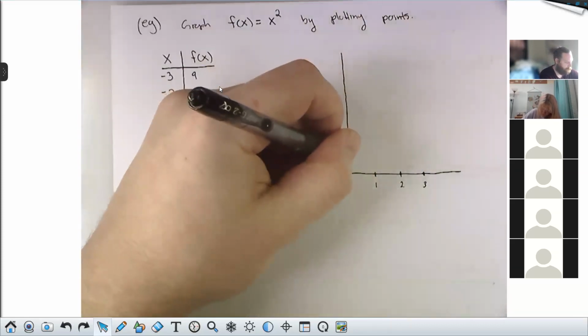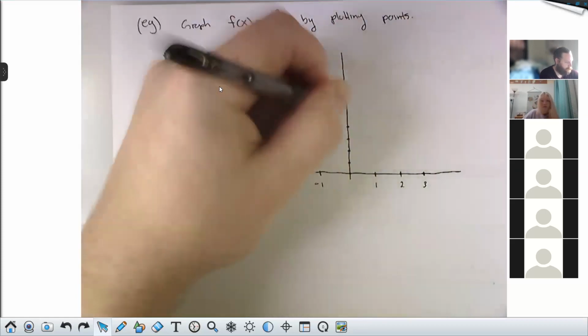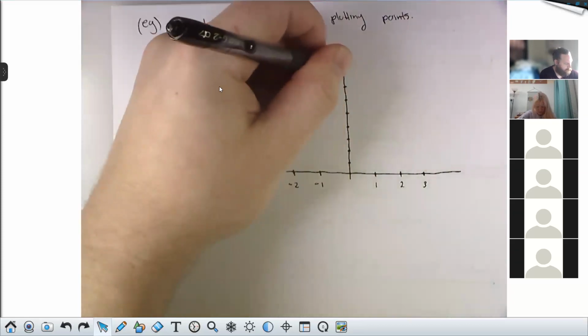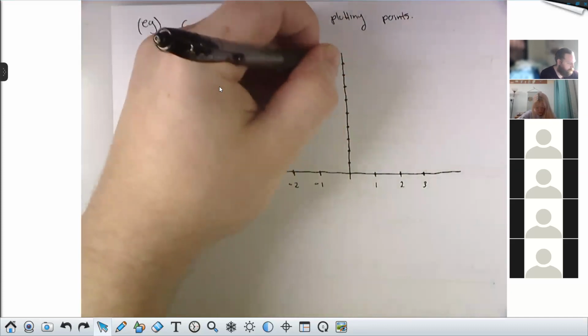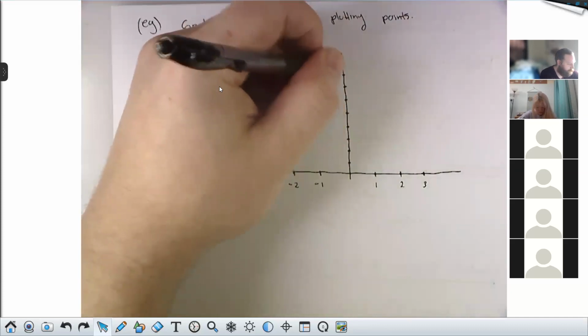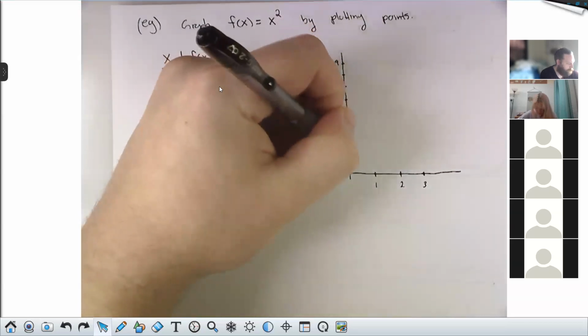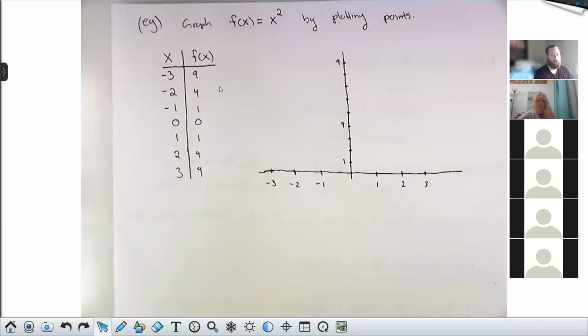We'll do 1, 2, 3, 4, 5, 6, 7, 8, 9. I'm just going to label explicitly the ones that show up as outputs.